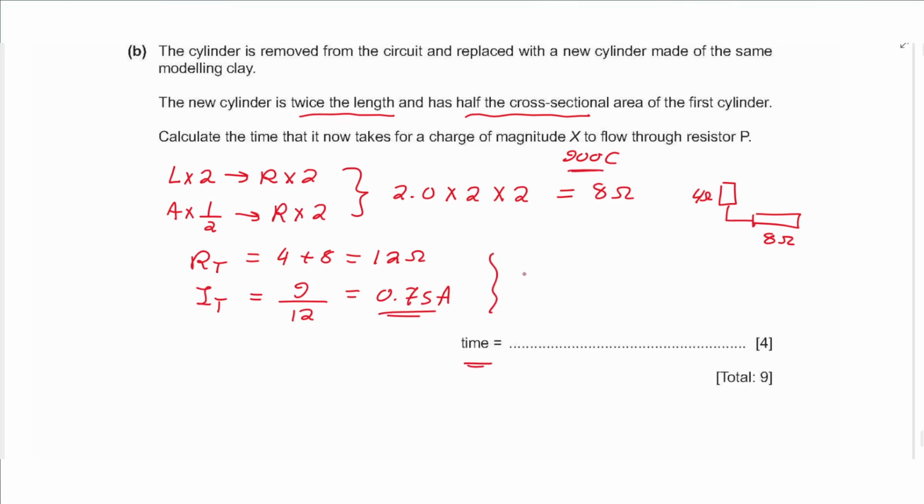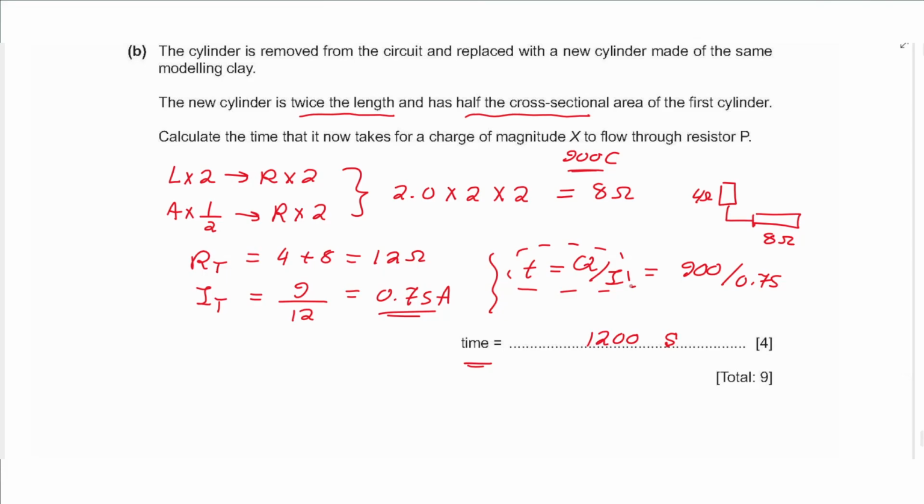So now we can use time is equal to the charge over the current. So we divide 900 coulombs by the current 0.75. That gives an answer of 1200 seconds. We could not have just used the earlier time, because we would get the time incorrectly since we have a different resistance now and a different current.